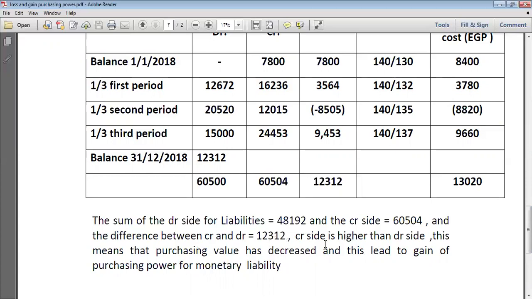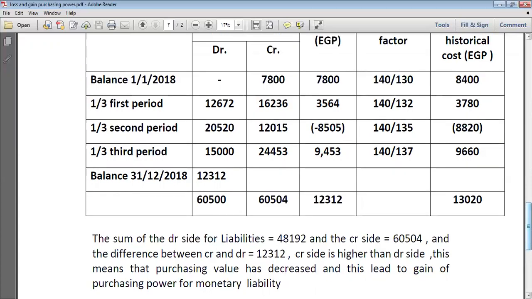The credit side is higher than debit side. This means that the purchasing value has decreased, and this leads to gain of purchasing power for mandatory liability. معنى كده برضو هنشوف مجموع الديبت and الكريدت.